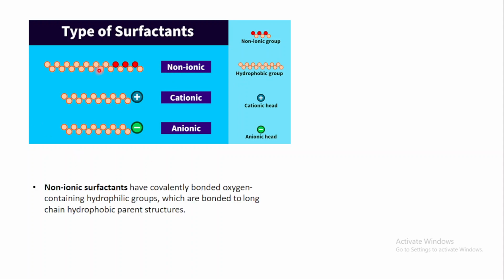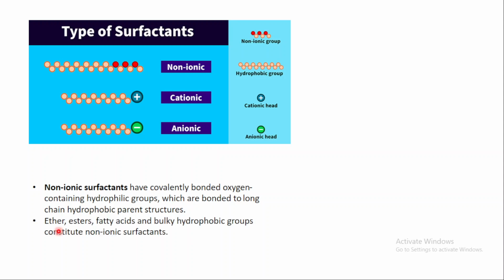Non-ionic surfactants, the class of our interest, have covalently bonded oxygen-containing hydrophilic groups which are bonded to long chain hydrophobic parent structures. So these are the long hydrophobic groups, and in the head region they have covalently bonded oxygen-containing hydrophilic groups that make the head part hydrophilic, and the long chain fatty acid or organic part hydrophobic, right?